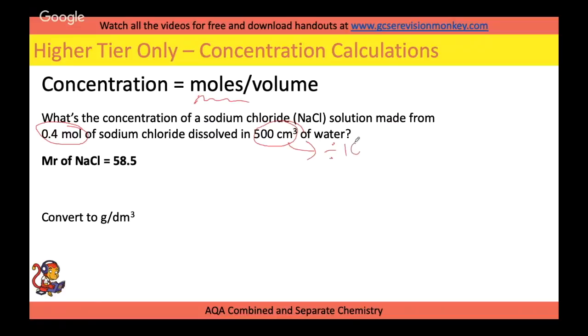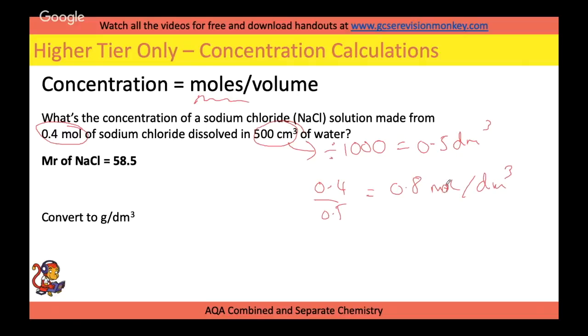Banana skin, because it's wanting you to divide by 1,000. This will be your first mark to give you 0.5 decimeters cubed. So then moles over volume would give you 0.4 over 0.5, which is 0.8 moles per decimeters cubed.